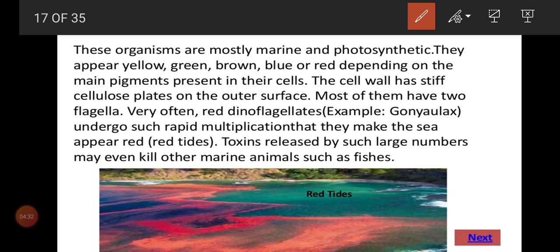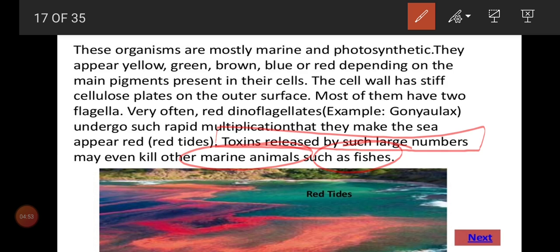These toxins are released in large numbers, so it will even kill marine organisms, most probably fishes, and other animals will also start to die because of the toxins released by Gonyaulax.